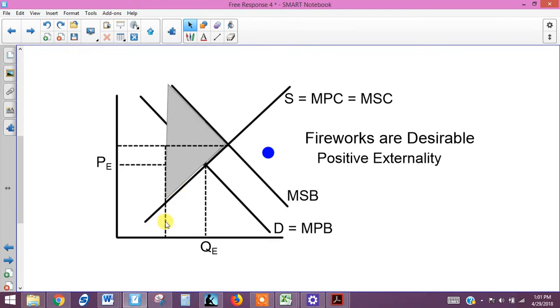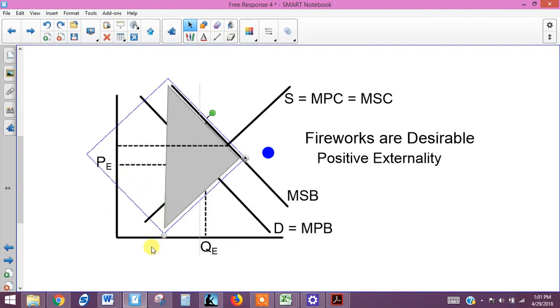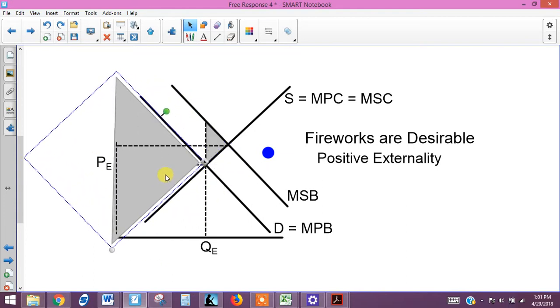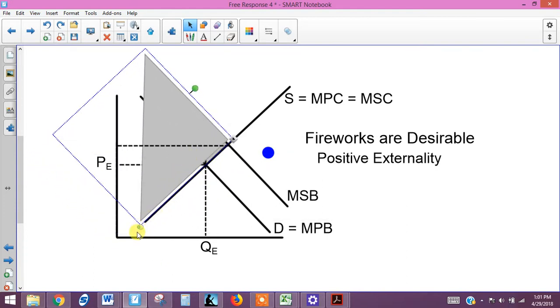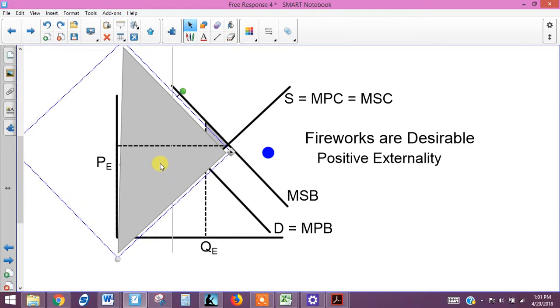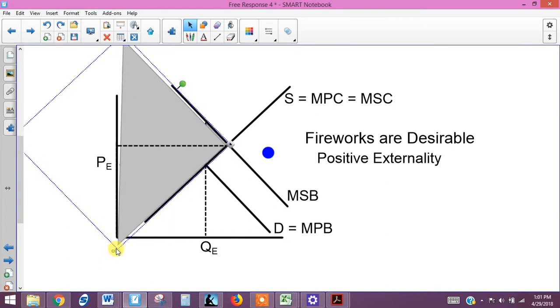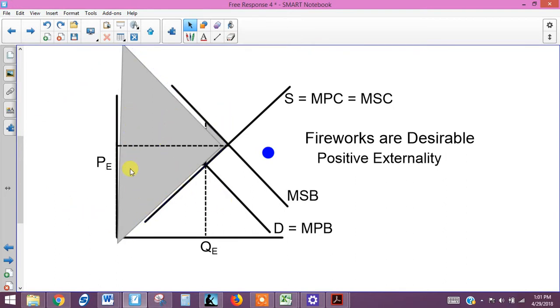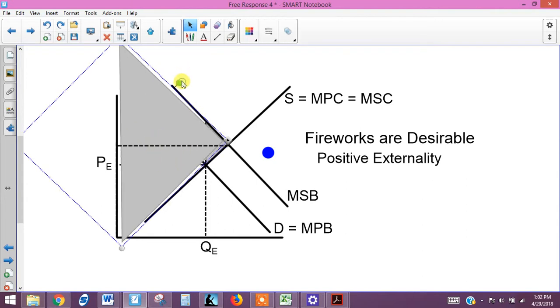down to here. And obviously if it was lowered down to here, this triangle is going to get huge. It's going to be even larger than that. Can't even draw it in there, right? So you're going to have a huge deadweight loss if you didn't produce any fireworks at all, based on what we know about the demand and the supply in the market.